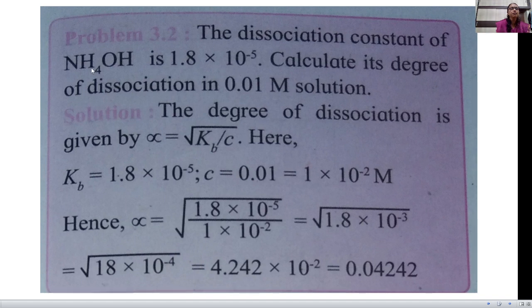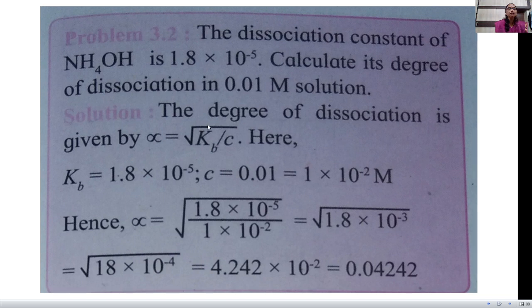Why? Because it is a weak base. Calculate its degree of dissociation, means calculate alpha, in 0.01 molar solution. 0.01 molar, that is C is given, means concentration is given, Kb is given, and we have to calculate alpha.